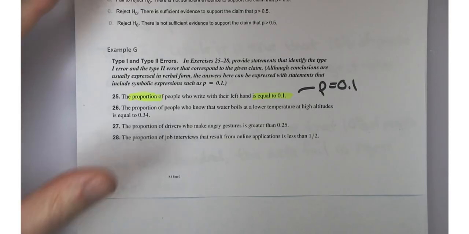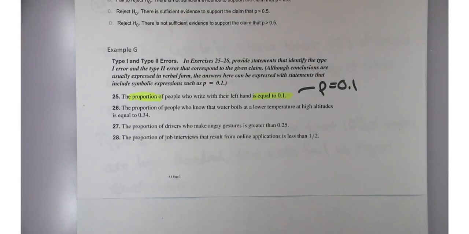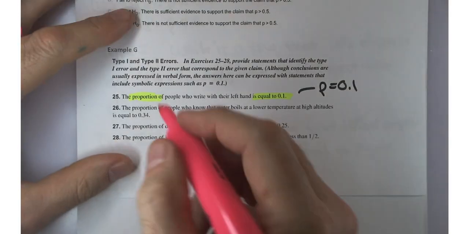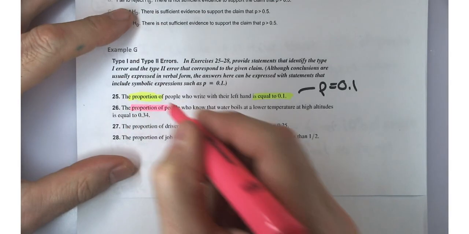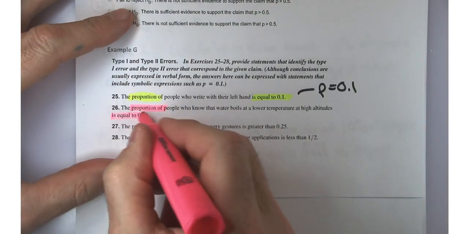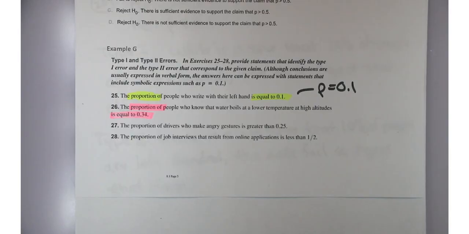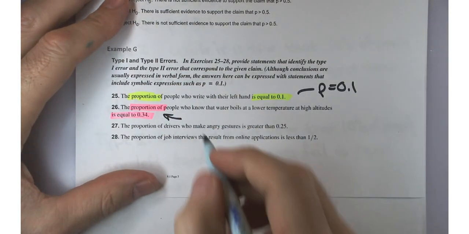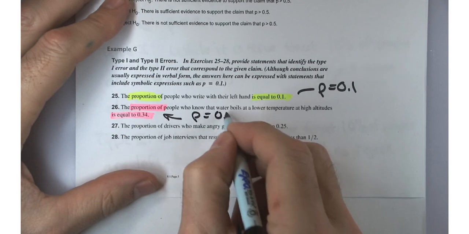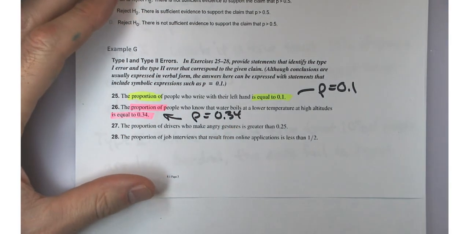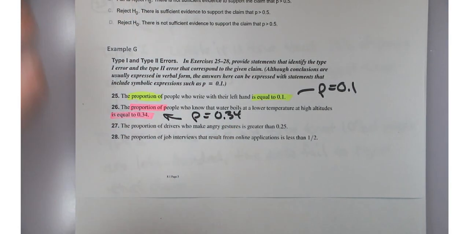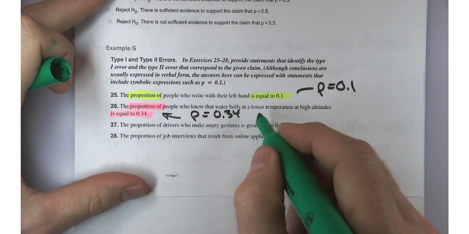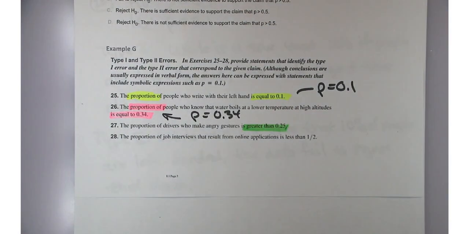So the proportion, let's start with our original claim. The proportion is equal to 0.34. In terms of symbols, that's going to be P equals 0.34. This next one, if you're interested in looking at it at home, P is greater than 0.25.